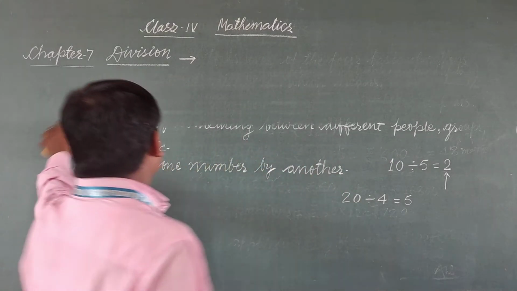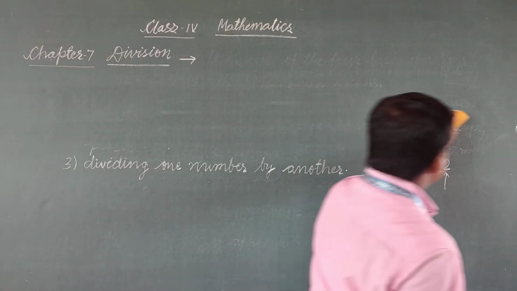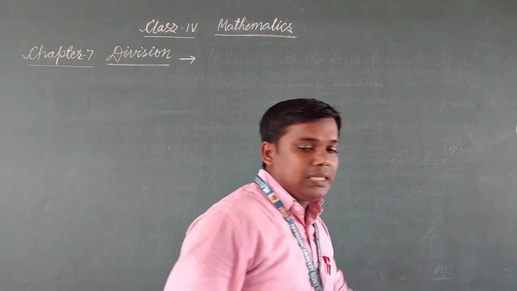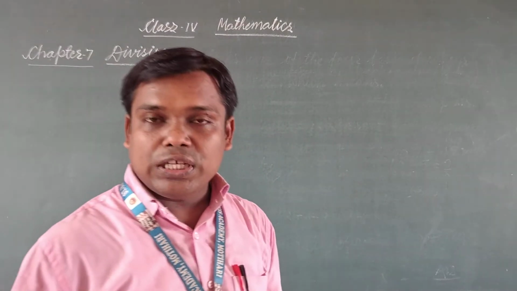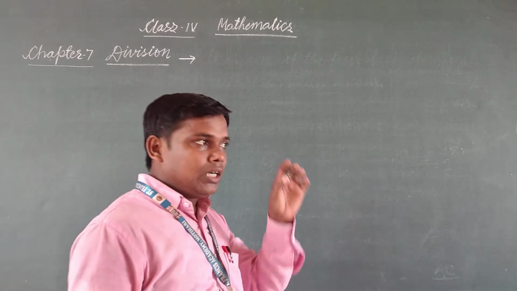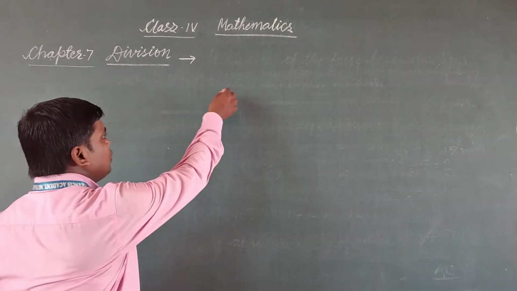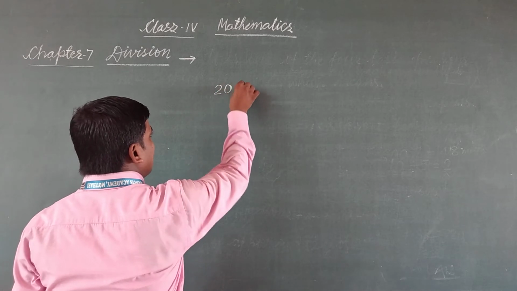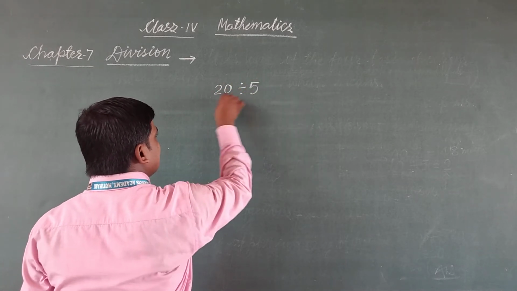As you know how to divide a given number by another number, that time we give different names to the numbers. Suppose we have to divide 20 by 5.